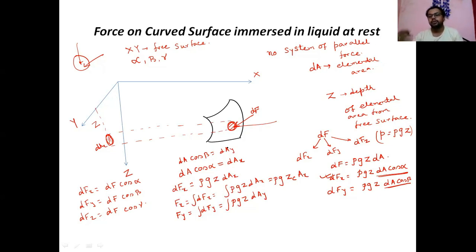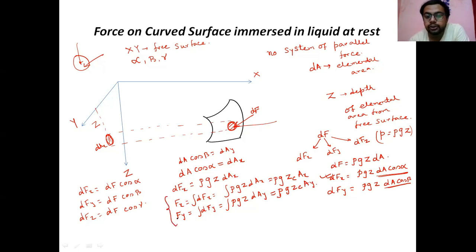So the cos component of beta gives you the projected surface. So here it comes as rho g zc.